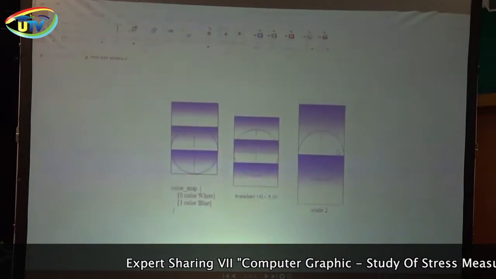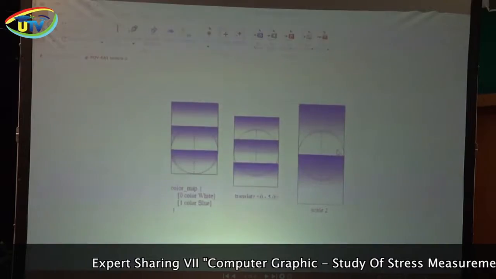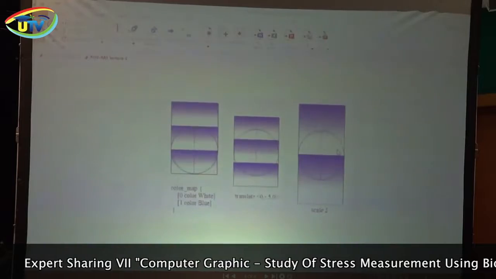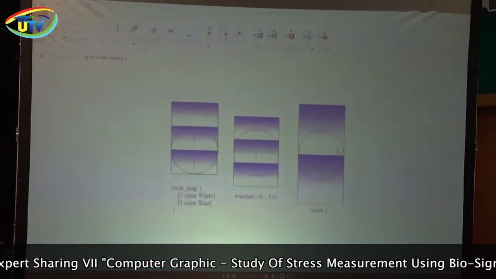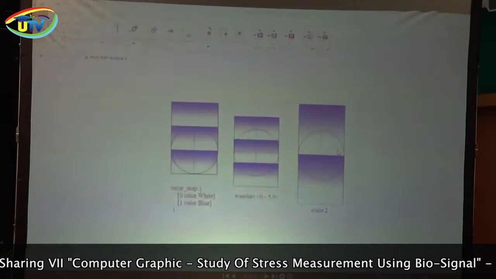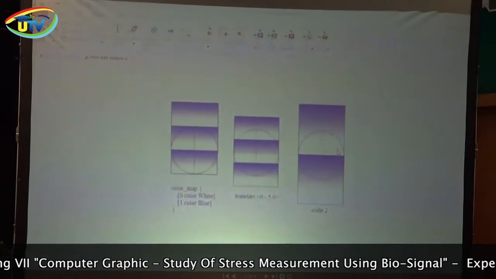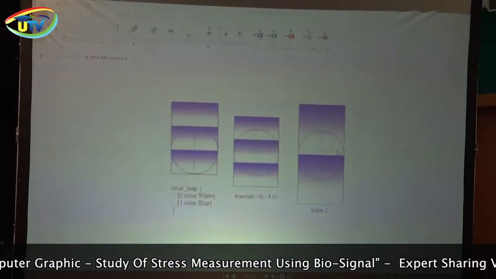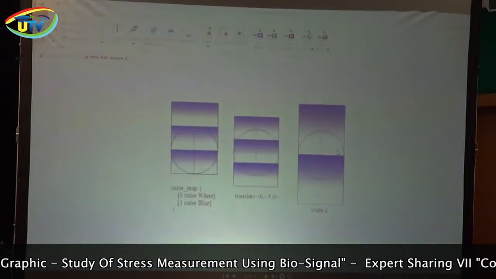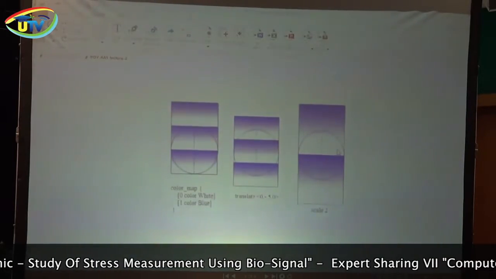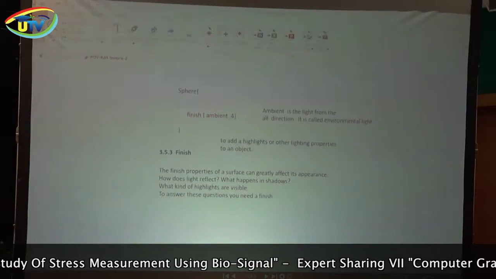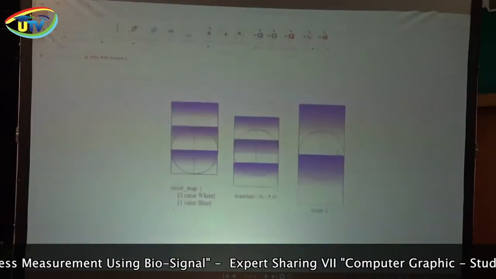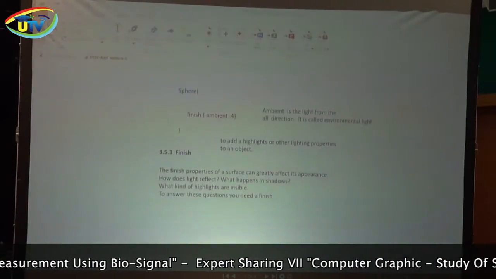And the right picture shows scale 2. Scale 2 means the position is multiplied by 2. So the starting point is changed from 0 to 1, in this case 0 to 2. So the scale is enlarged. Okay, next one.